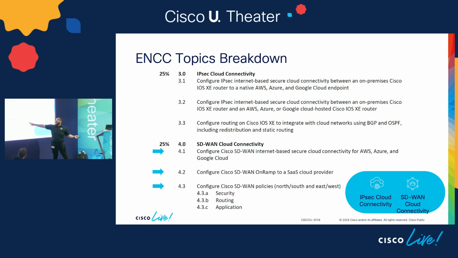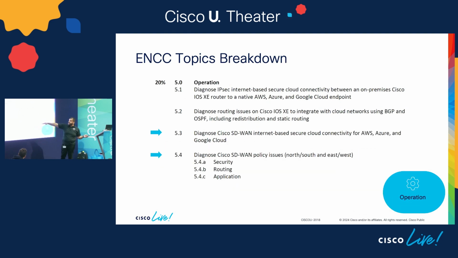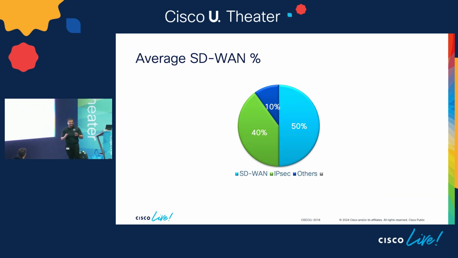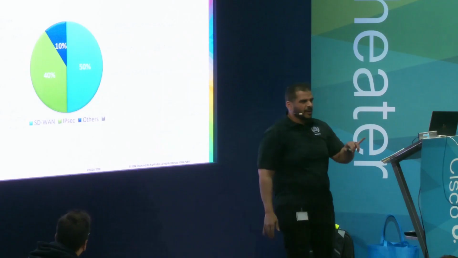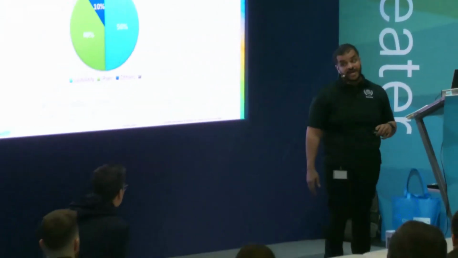But hey, we have SD-WAN cloud connectivity with 25%. And then finally, the operation and troubleshooting has another couple of subsections that talk about SD-WAN. So the total, after I did the math, the average percentage of SD-WAN is, as I told you, around 50% if you're trying to take that exam.